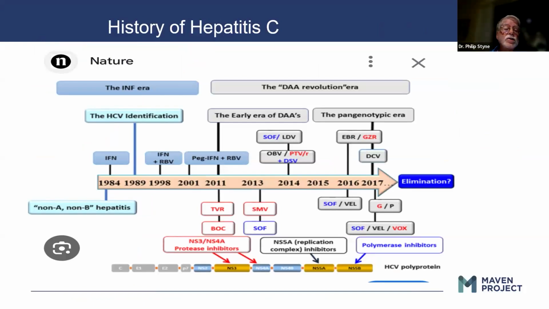If you look far to the left, in 1984, we still called this non-A, non-B hepatitis. And far to the right, from 2017, we're really on the idea that we can eliminate this disease in our population. I think that's the most important thing to gather from this slide. The next slide.